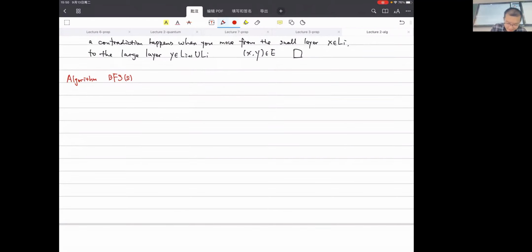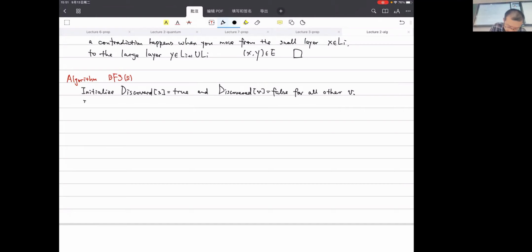So we do something like this. We keep a data structure called discovered. We initialize the entry for S to be true, and discovered of V to be false for all other V here.